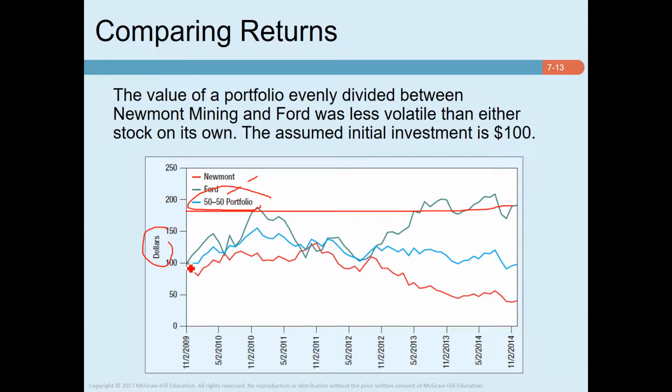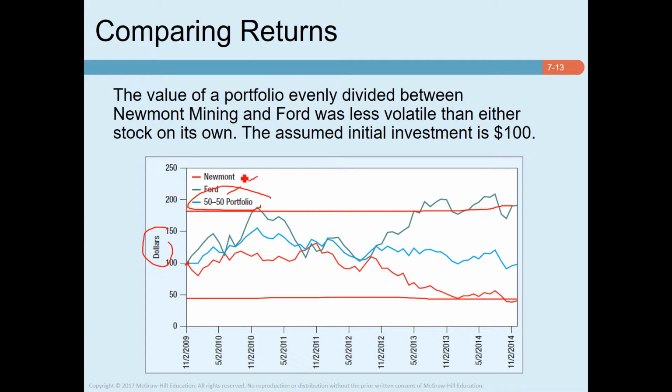If you had invested the same $100 in Newmont in 2009, you would end up with less than 50 in 2014. So you understand that your $100 would grow to more than 150 for your investment in Ford, and that your investment would decline if you had invested in Newmont.